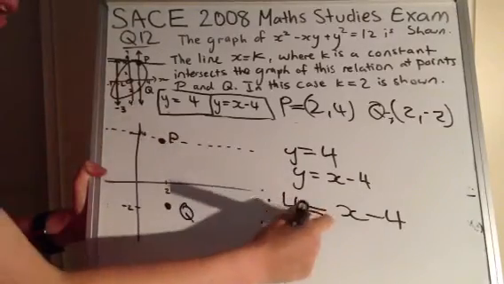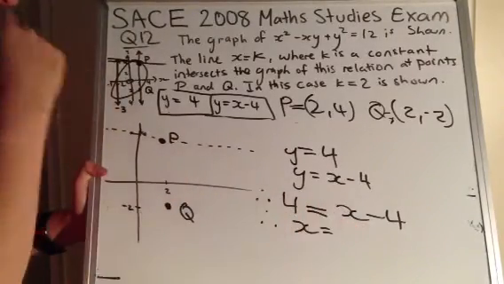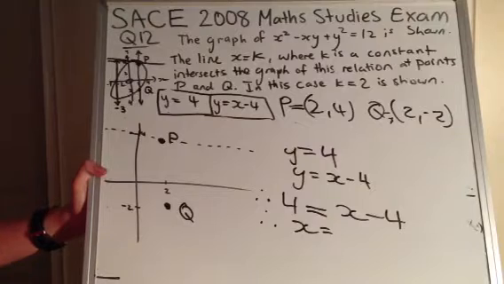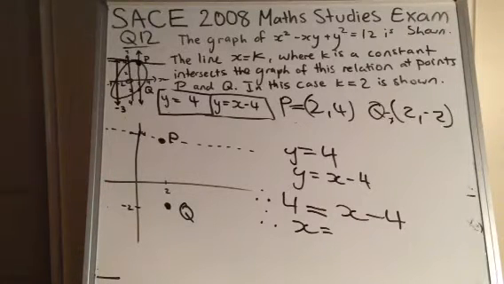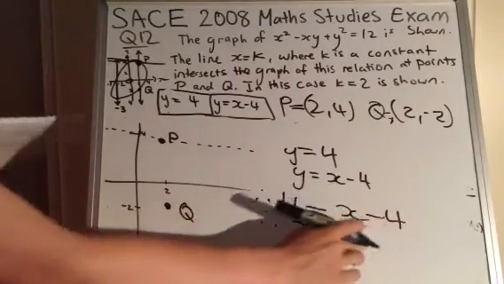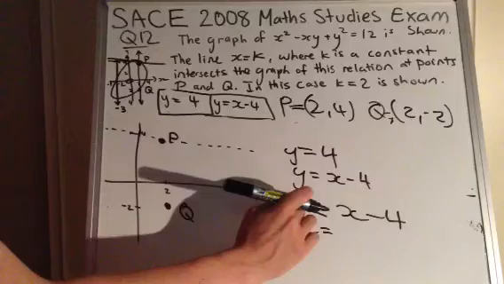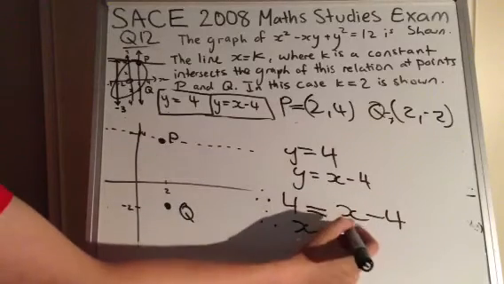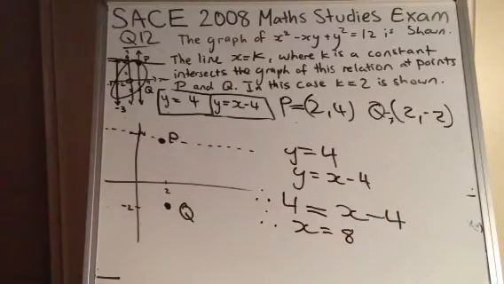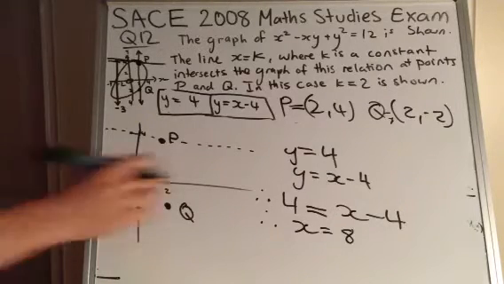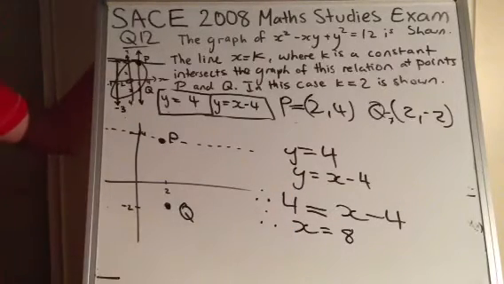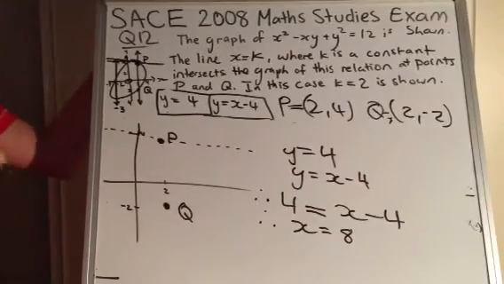So therefore, x equals, and what we do is we bring this 4 to the other side. Because it's negative 4, it's going to be positive 4 on this side, and then positive 4 plus 4 is going to be equal to 8. X equals 8. And that gives us our common x-coordinate.